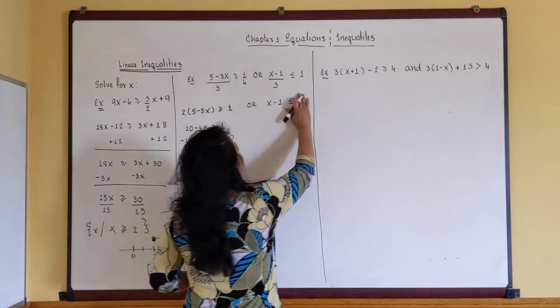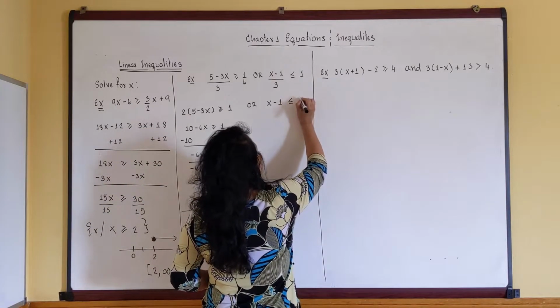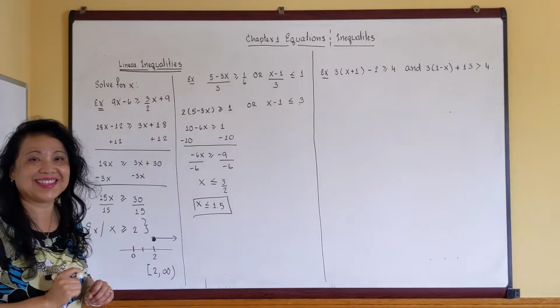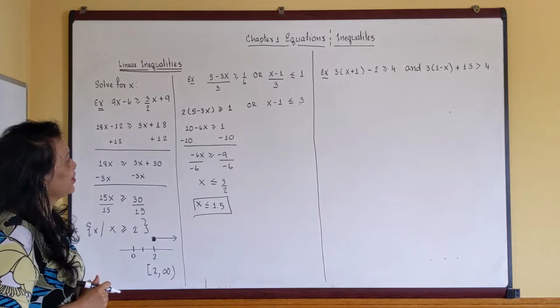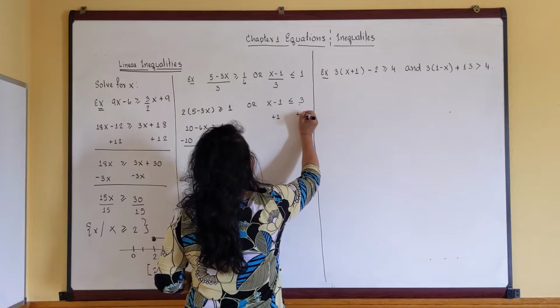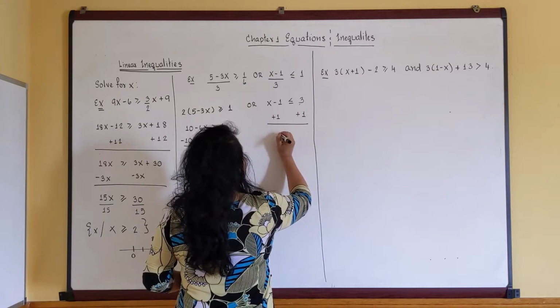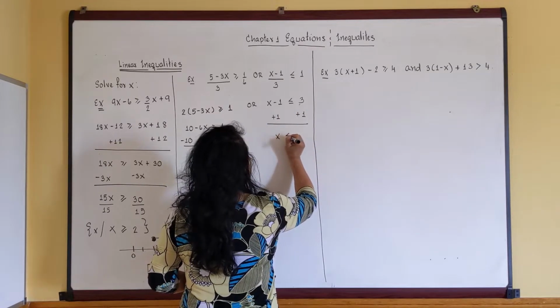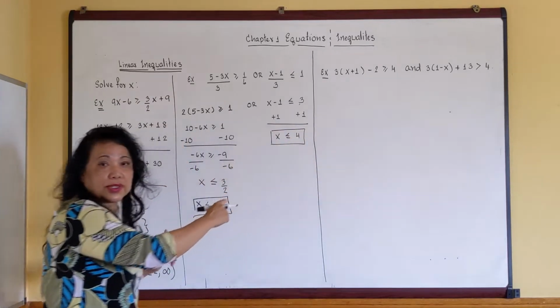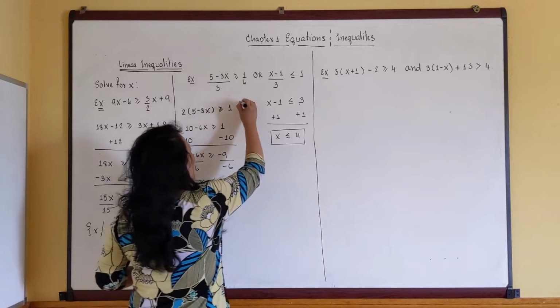No, 3. Multiply by 3. One mistake, everything changed, so gotta be careful. Add 1 to both sides. So x less than or equal to 4. Now I have two solutions here, and it's joined with the word or.